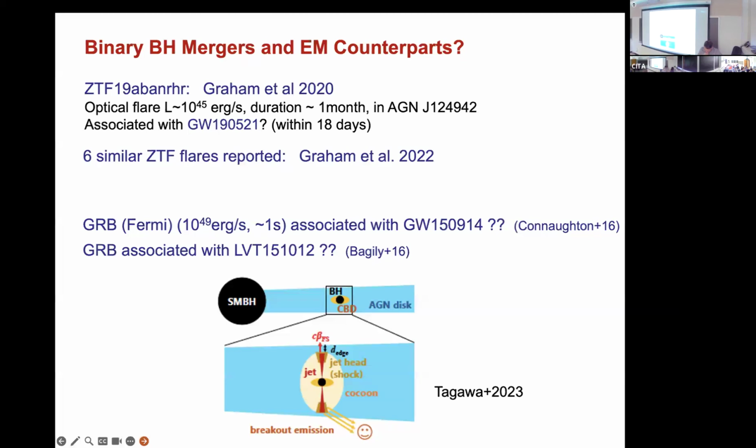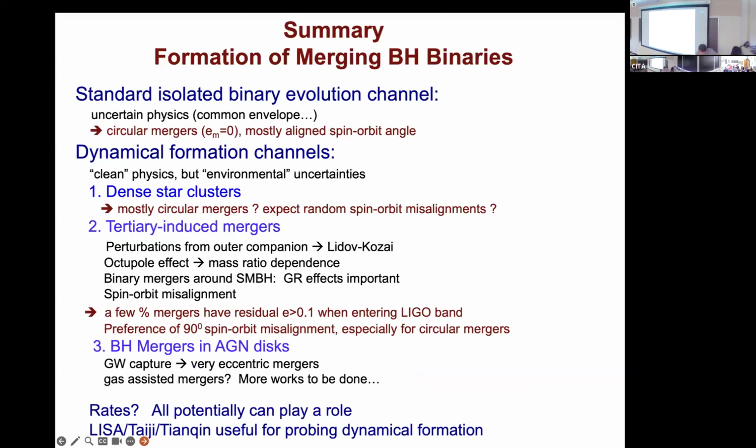And last year there was this claim of ZTF flares that are pretty unusual, so they claim maybe it's a merger in the AGN disk. But we really don't know whether this is observable. It's not clear, since the disk itself is so bright. Okay, so that's all I want to talk about today.